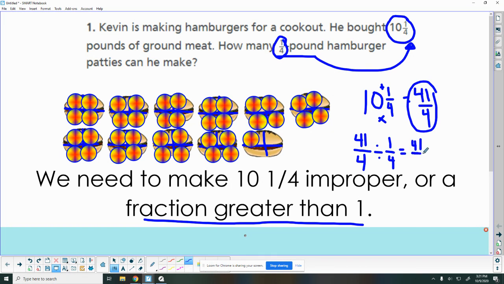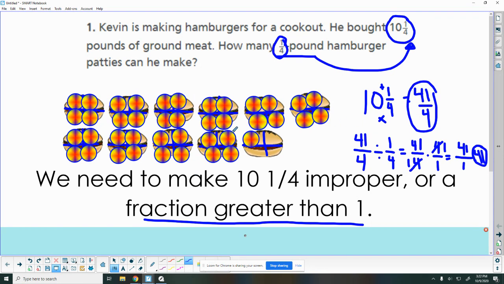I can copy, dot, flop here, and I can simplify these. 4 divided by 4 is 1, and 1 here. So now I have 41 times 1 is 41. 1 times 1 is 1. 41 divided by 1 is 41. They can make 41 hamburgers, which we did by drawing this picture.